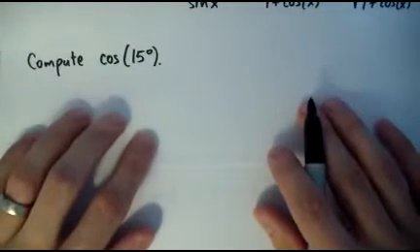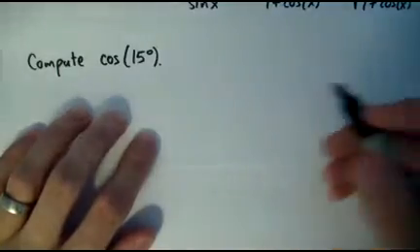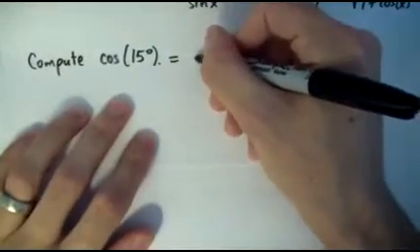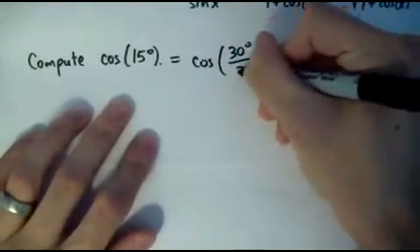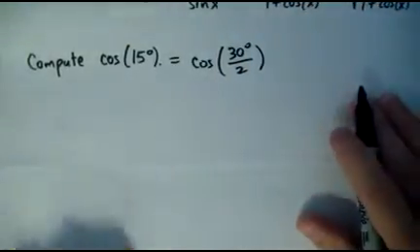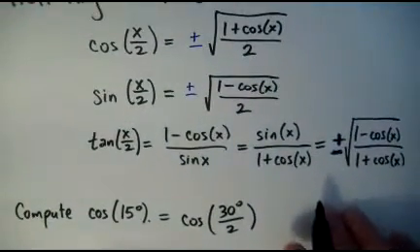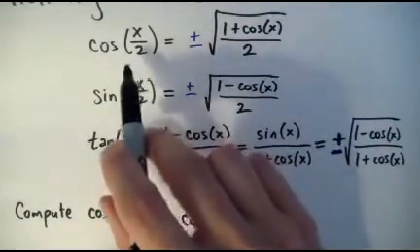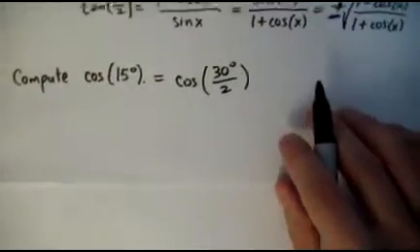And now the thing to notice is that 15 degrees is just 30 degrees divided by 2. So this is cosine of 30 degrees divided by 2. So we can use 30 degrees as our x in our half-angle formula for cosine. So let's see what we get.